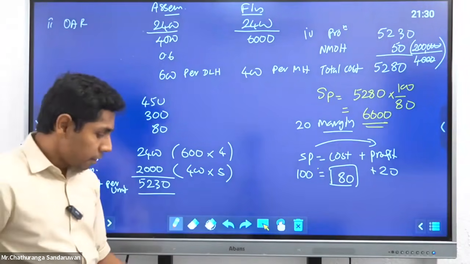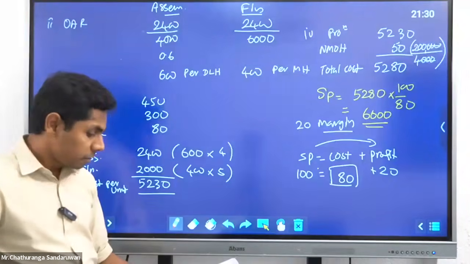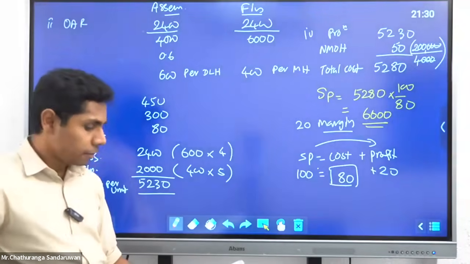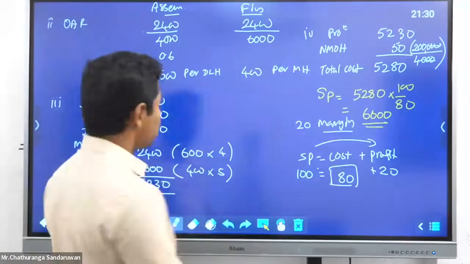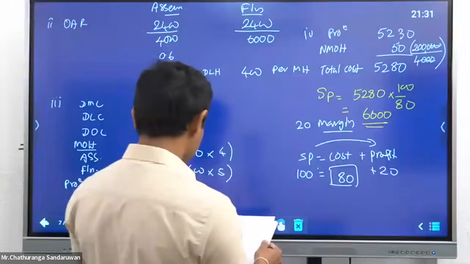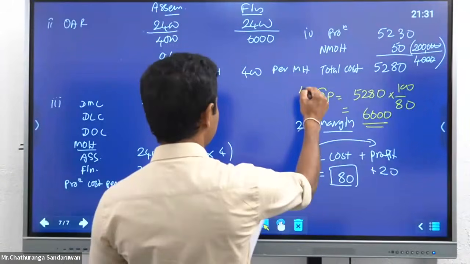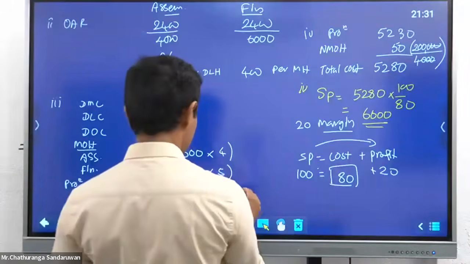And then the final part: if 500 units of product X are sold, calculate the sales revenue and gross profit. So let me write the answer for that part here. This is the fourth part and fifth part.